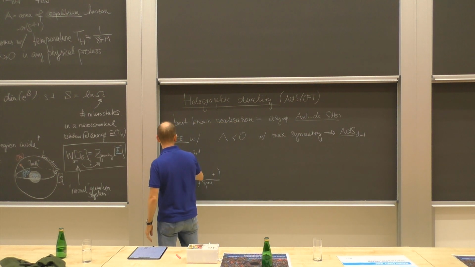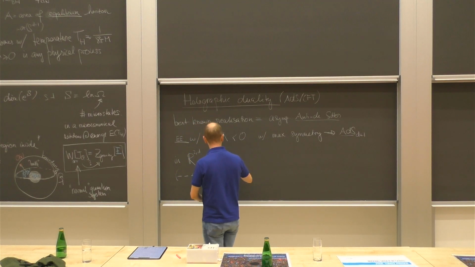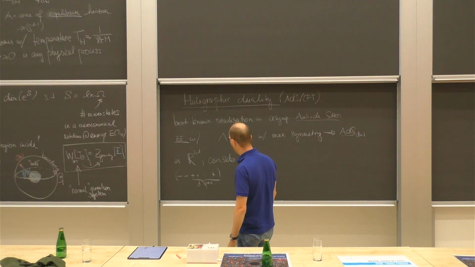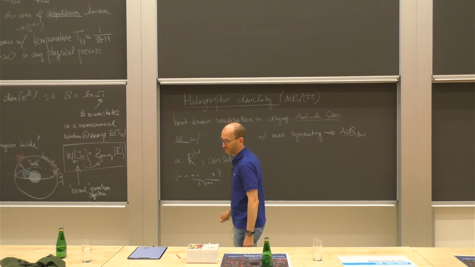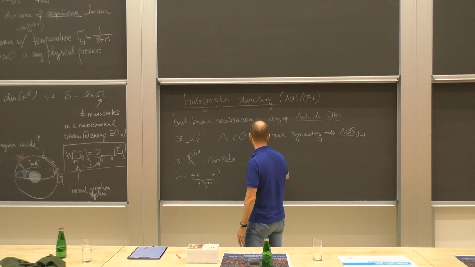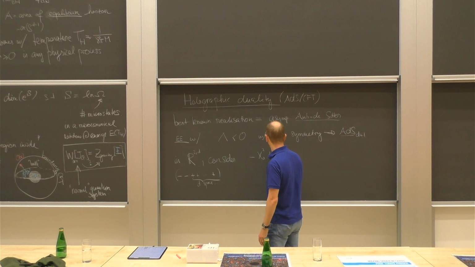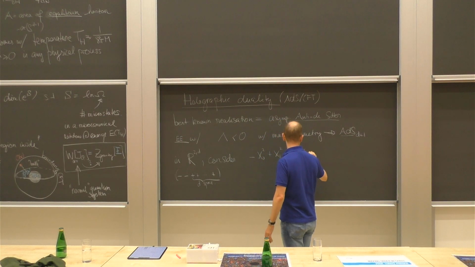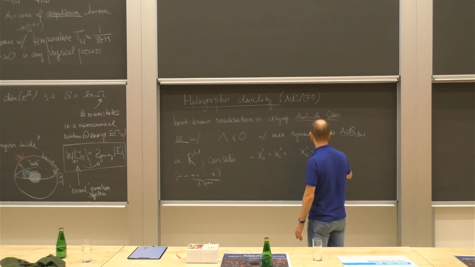So in R^(2,d), which is just an auxiliary thing, consider the following simple equation. We just take the naturally invariant quadratic form under this metric. So we take minus x0 squared, the first time-like direction, plus x1 squared through xd squared, all the spatial directions, and then I also have the minus x_{d+1} squared.